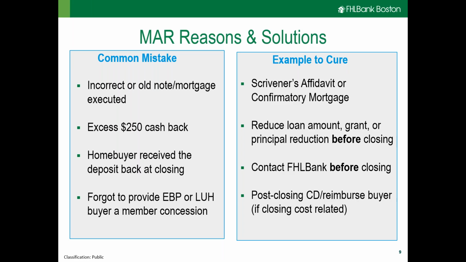But that's a regulatory hard stop for us. So just really be mindful when you're looking at your closing disclosure before the actual closing date, ensuring through quality assurance that there's no excess more than $250.